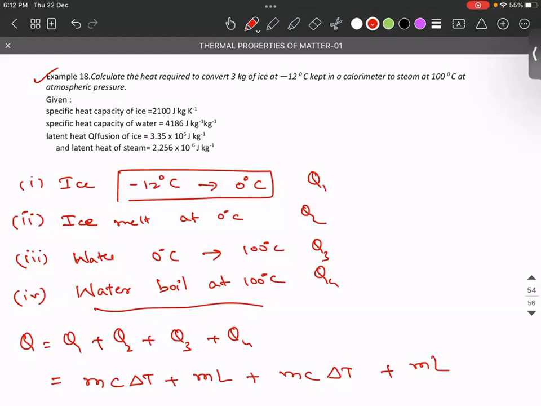How will you go? 100 minus 12. But what about the heat that you're supplying during the phase change? If you directly take it, you're only calculating the sum of the first step and the third step. What about the second step and the fourth step?